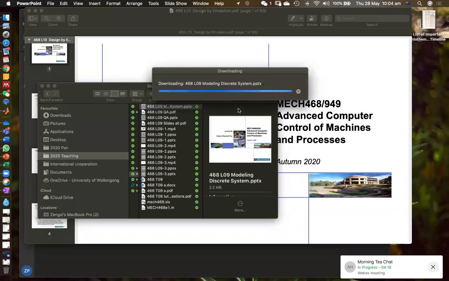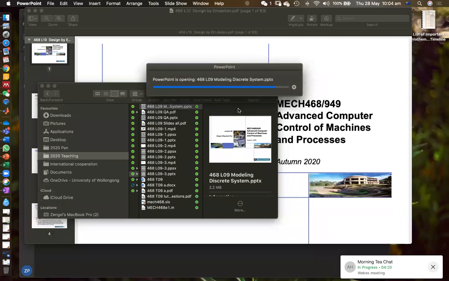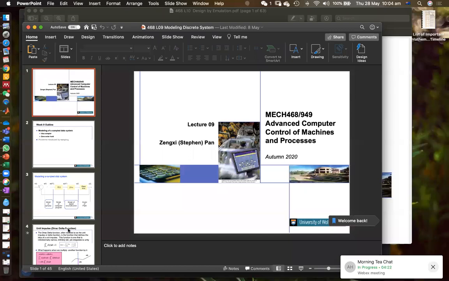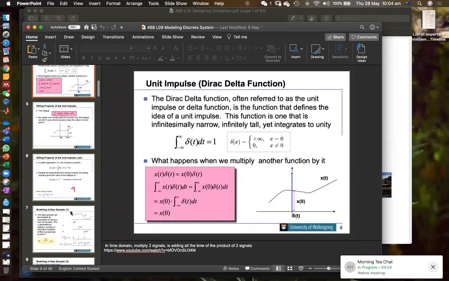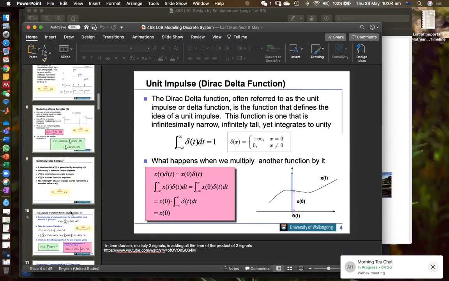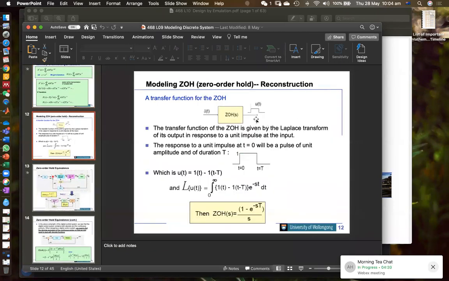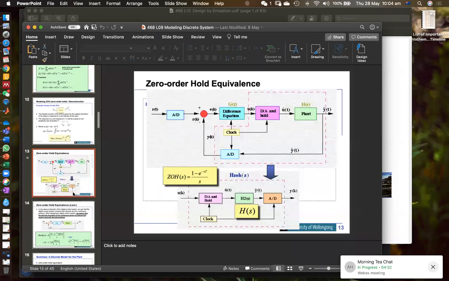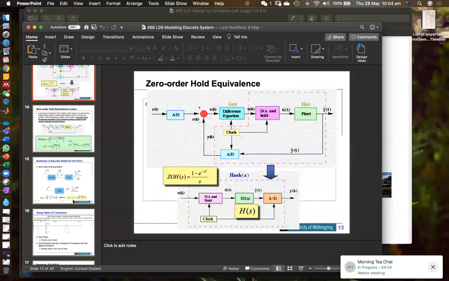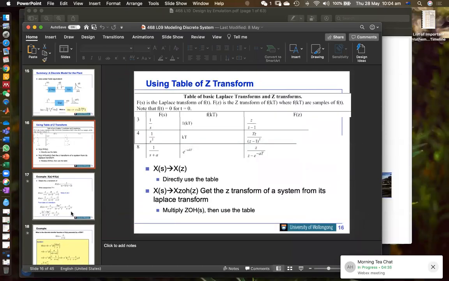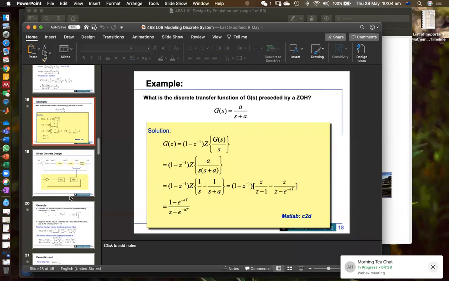Let me show you where you find this information. Zero order hold. So when we model this, all right, that's where this comes from. I don't know which slide it is.